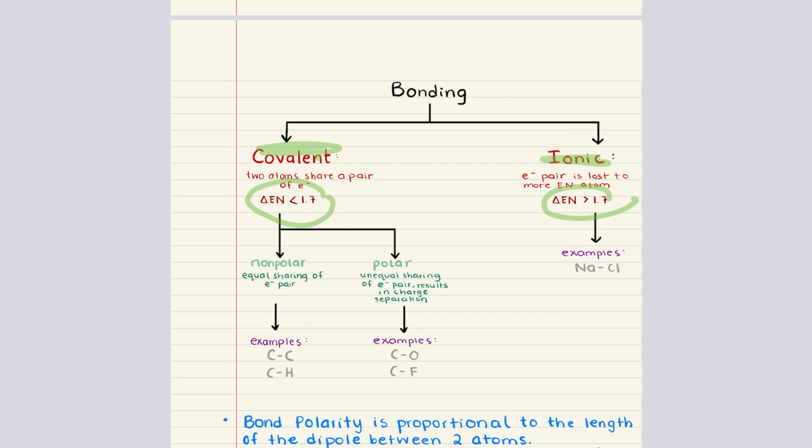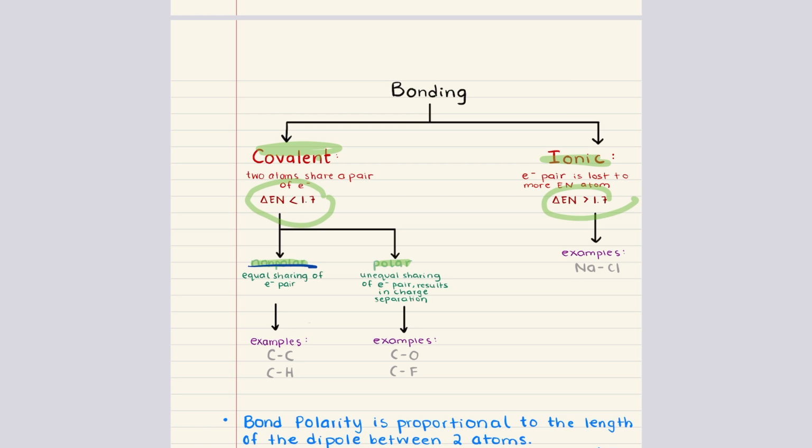Within covalent bonding, we need to distinguish between nonpolar and polar covalent bonds. For this course, we're going to keep it simple and general. A nonpolar covalent bond occurs when two atoms share electrons equally, meaning there's no significant charge separation within the bond.